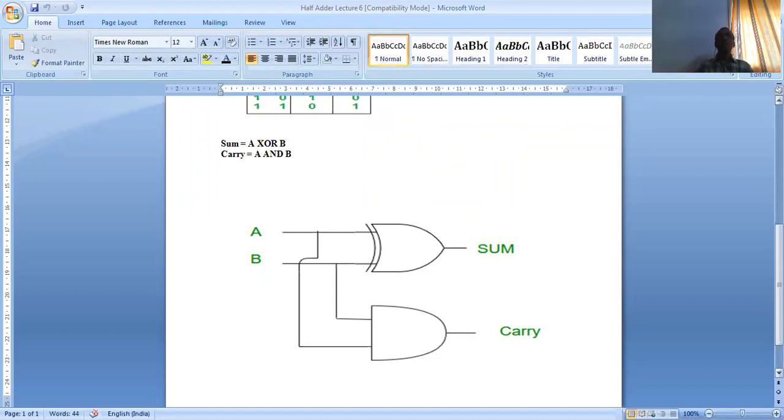What is the output of XOR gate? We have already discussed it in the basic logic gate section.